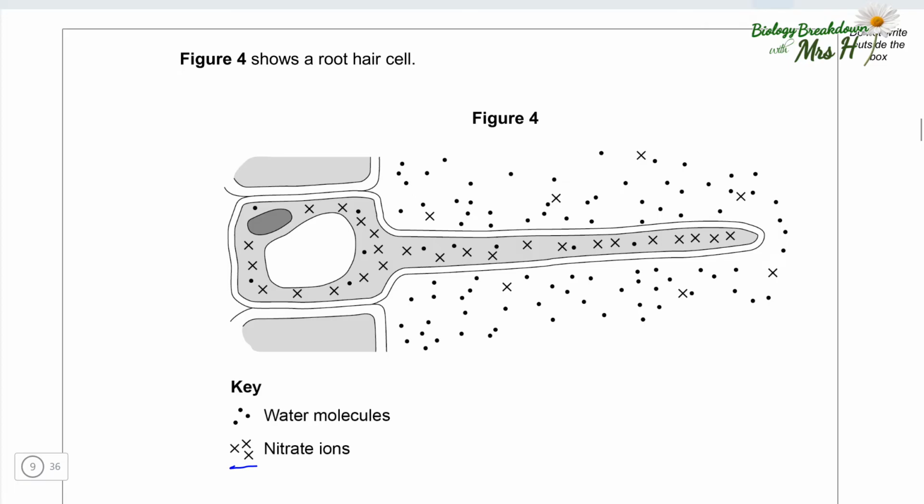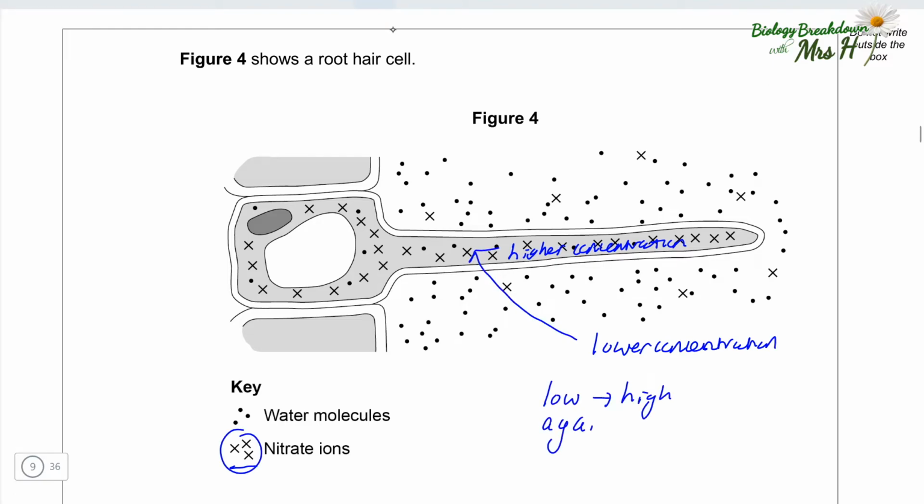So if we have a look at figure 4, we can see the nitrate ions are represented by these crosses. And if you have a look inside the root hair cell, there's a much higher concentration of the nitrate ions inside the root hair cell compared to outside. If the plant's trying to get the nitrate ions into the cell, then those nitrate ions are going to have to move from a low concentration to a high concentration.